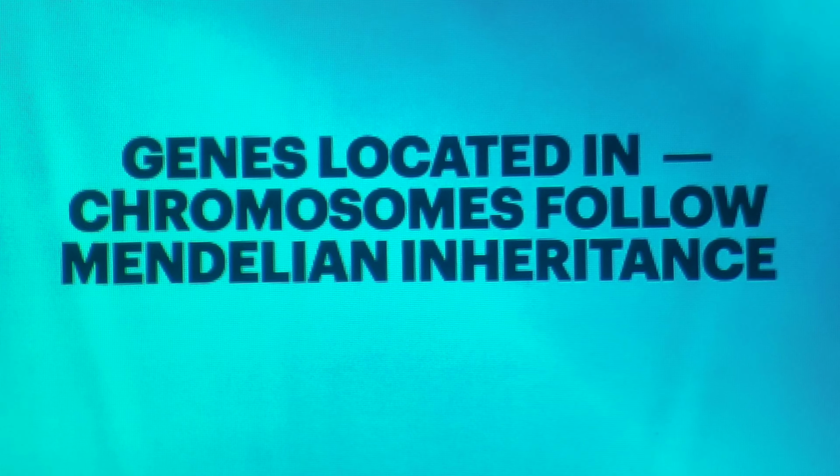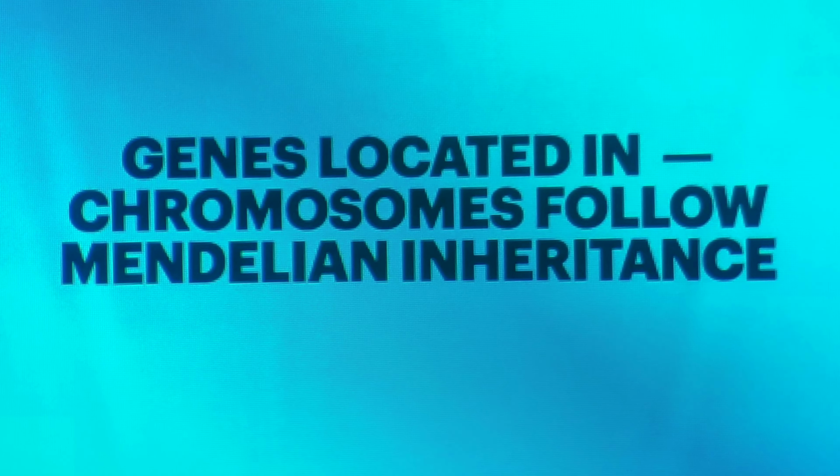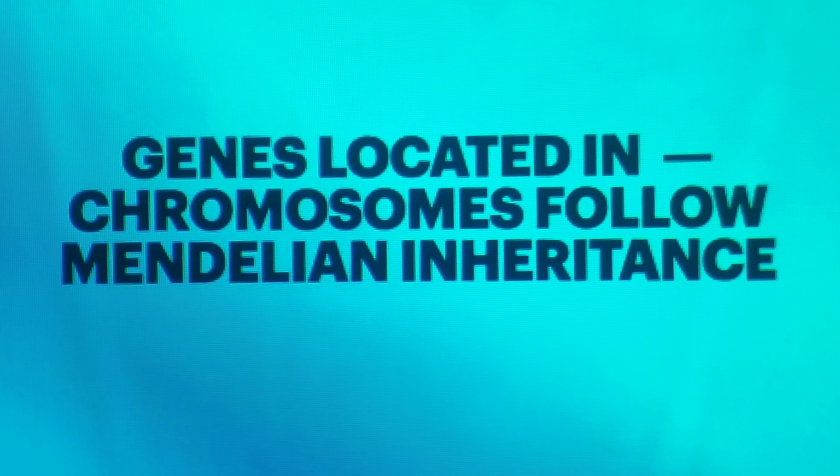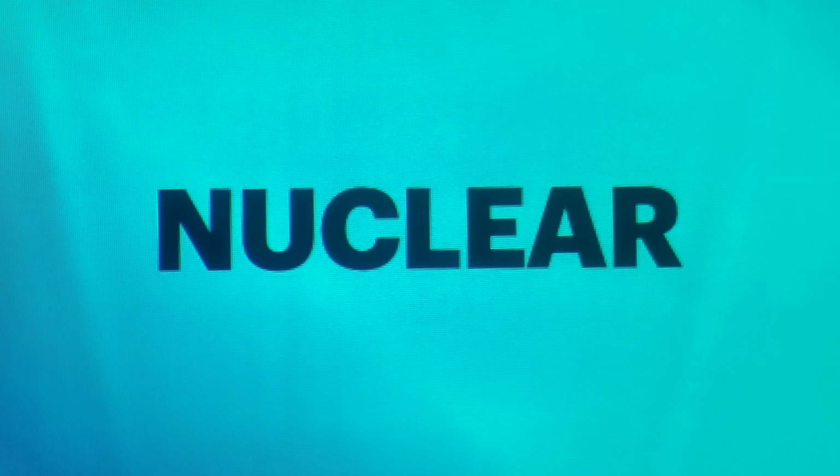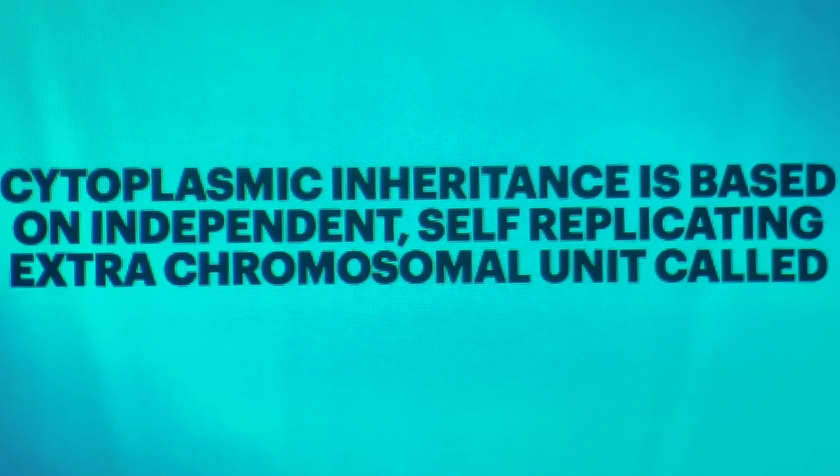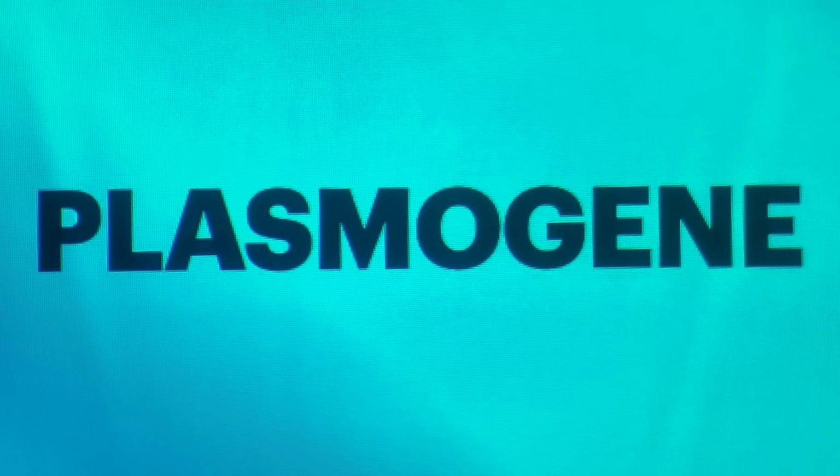DNA. Genes located in dash chromosomes follow Mendelian inheritance? Nuclear chromosomes. Cytoplasmic inheritance is based on independent self-replicating extrachromosomal units called? Plasmagene.